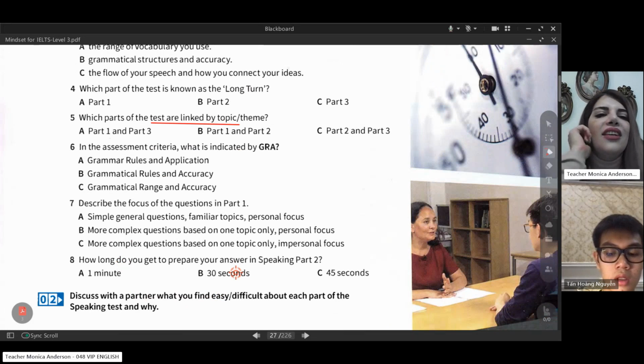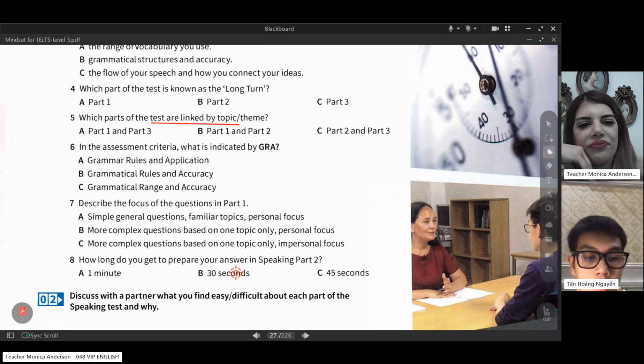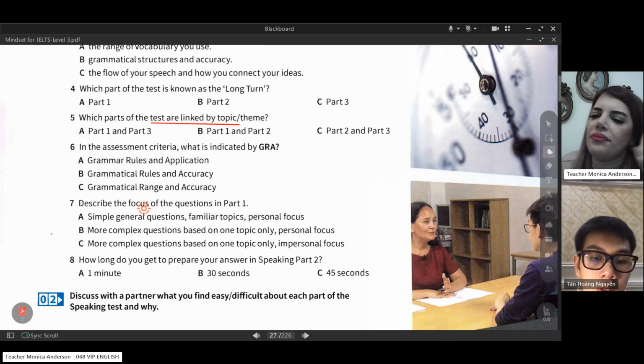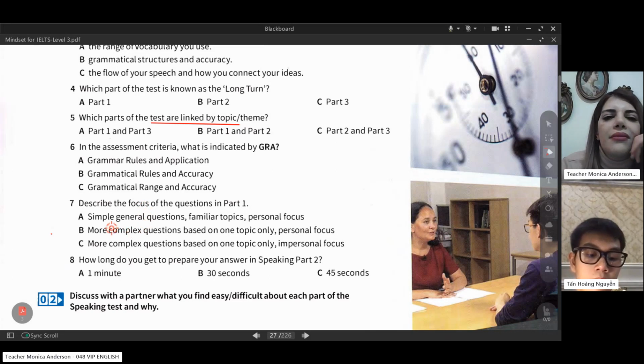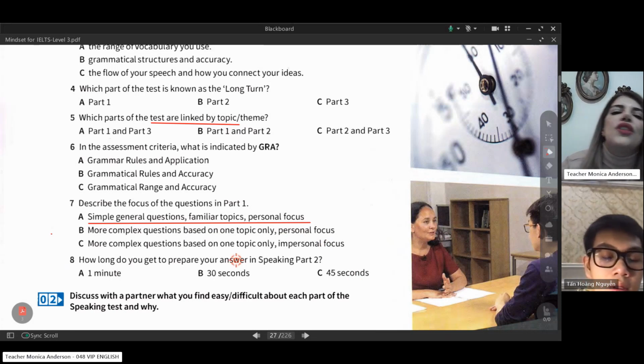And 7, describe the focus of the questions in part 1. Yes, of course: simple general questions, familiar topics, personal focus.